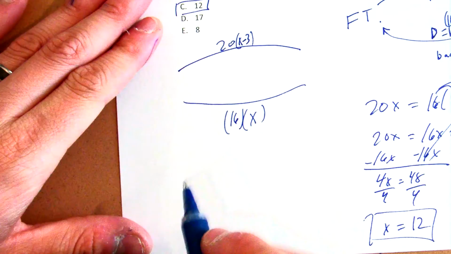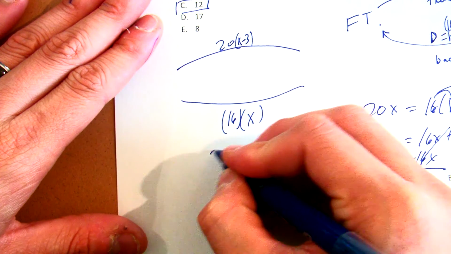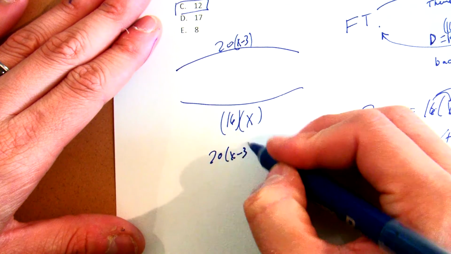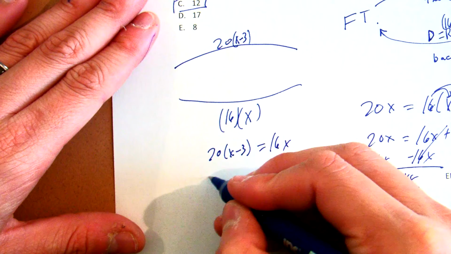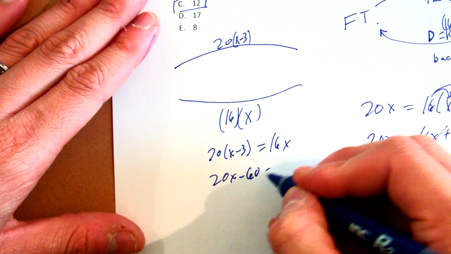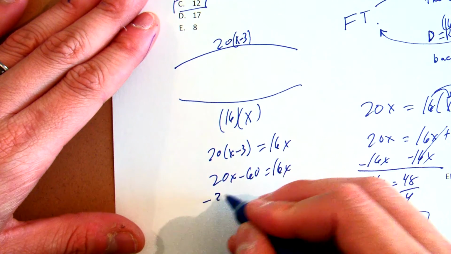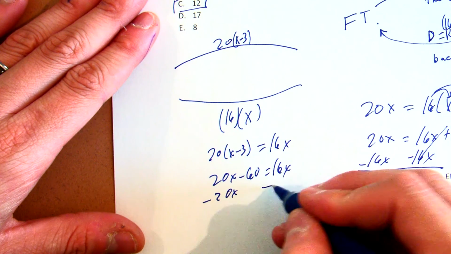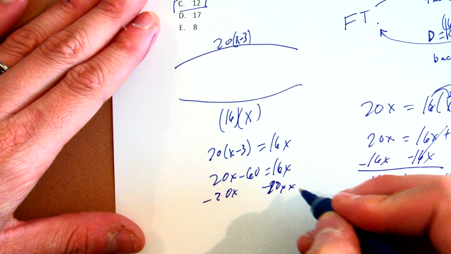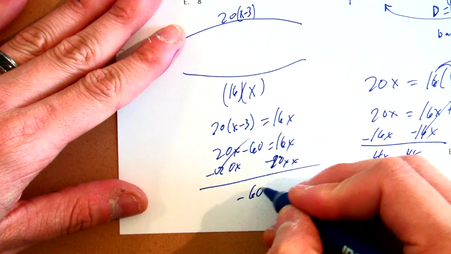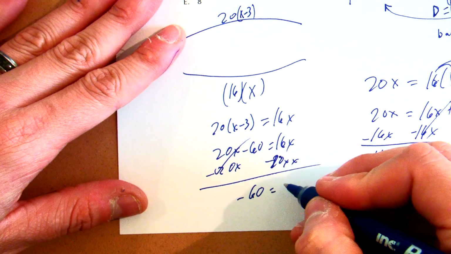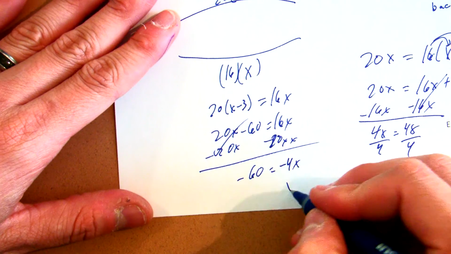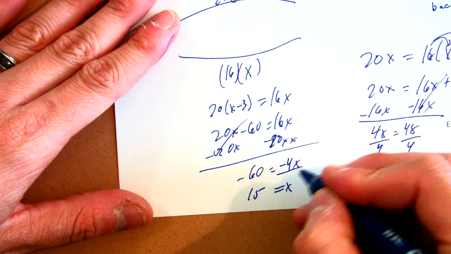So you get 20 times X minus 3 equals 16X. So 20X minus 60 equals 16X. Subtract 20X from both sides. So you get negative 60 equals negative 4X. So X is 15 when you divide by negative 4.